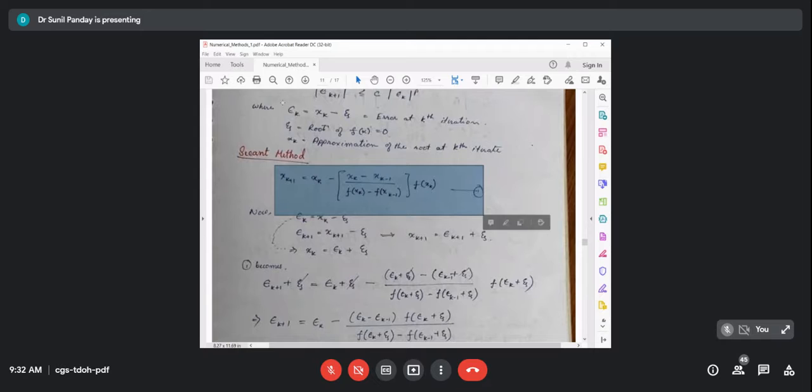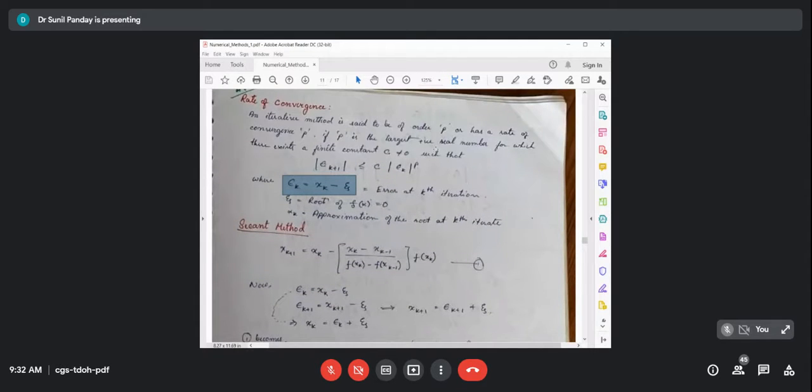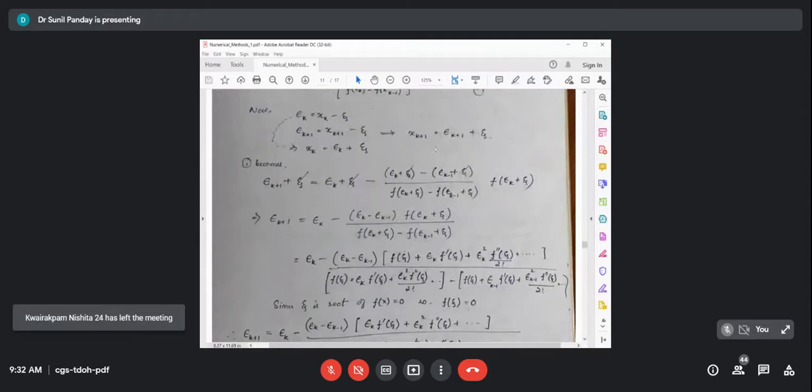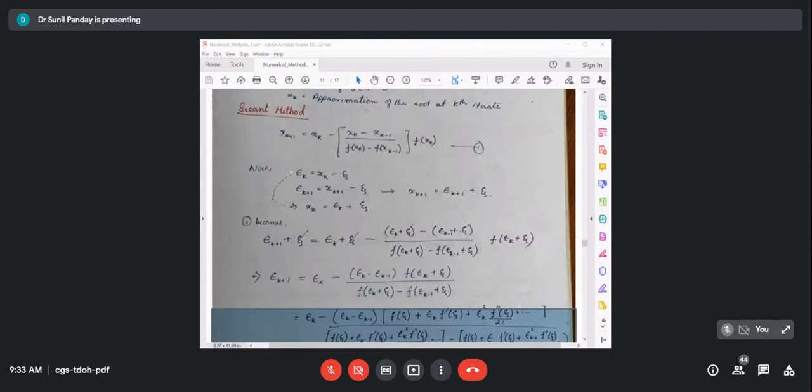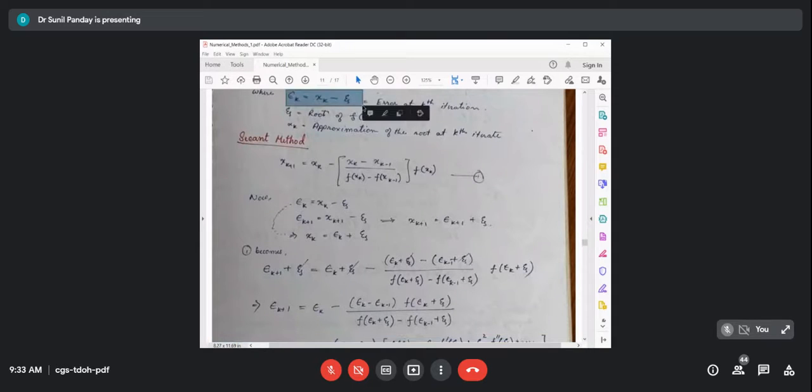So here we have already assumed, when defining the rate of convergence, the error epsilon k equals xk minus epsilon.